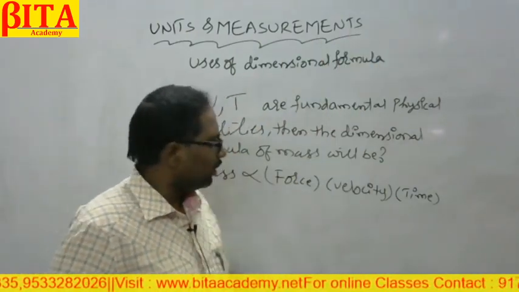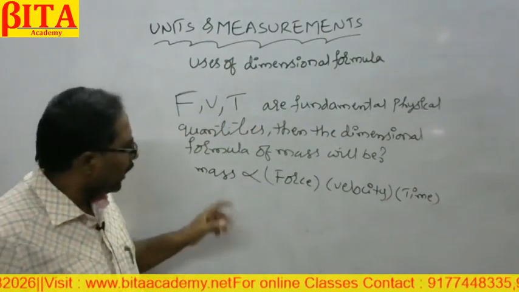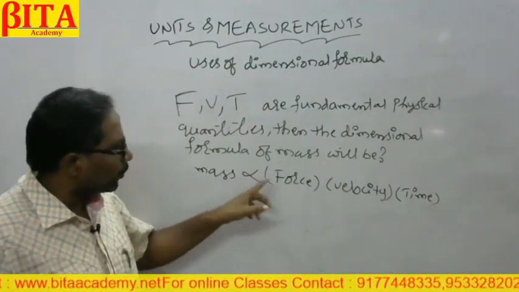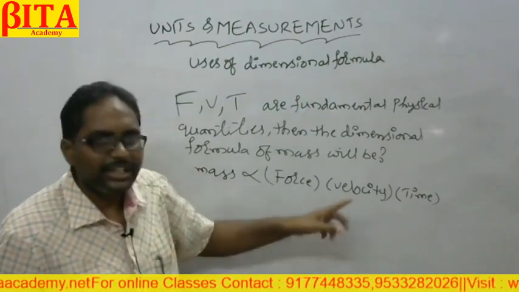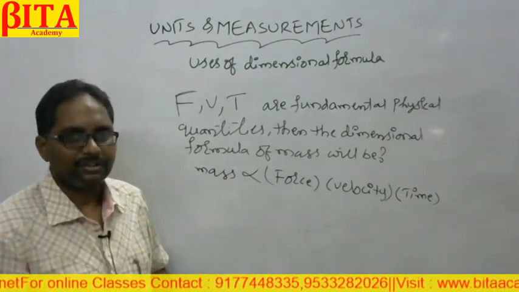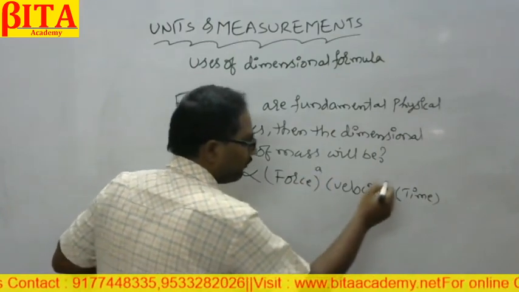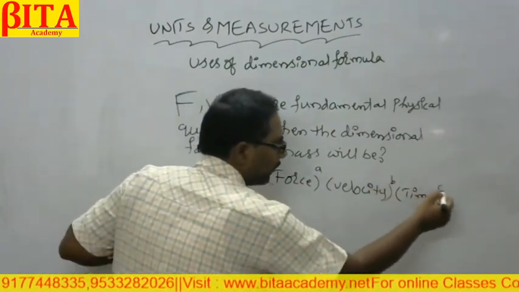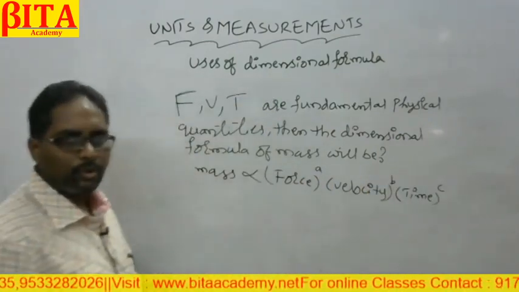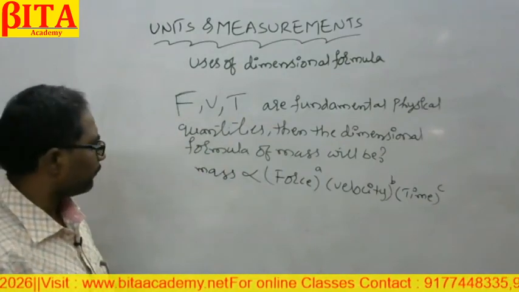That's why I am writing mass is proportional to force into velocity into time, some powers. So I am writing the force power as a, velocity power as b, time power as c. As we don't know, that's why we are writing them.